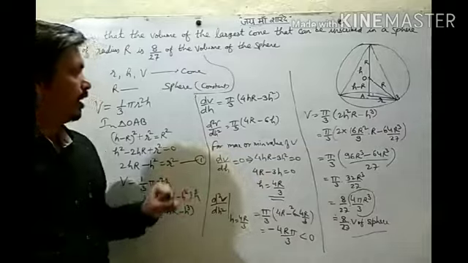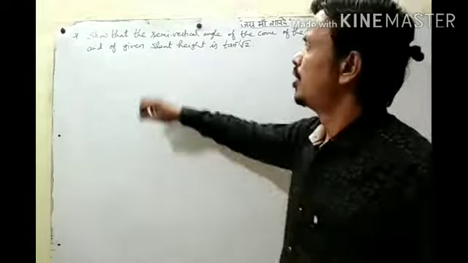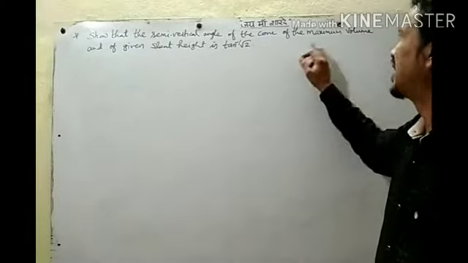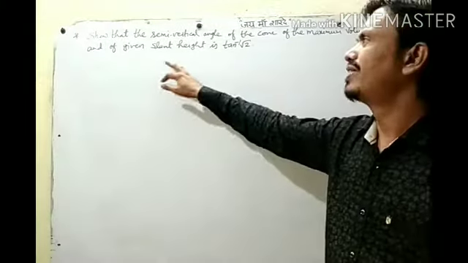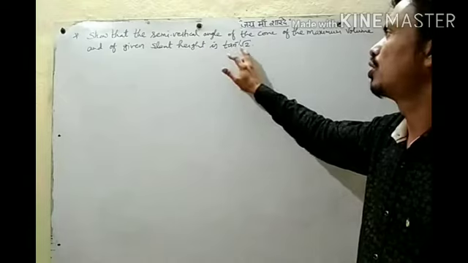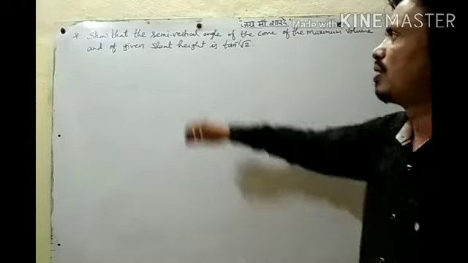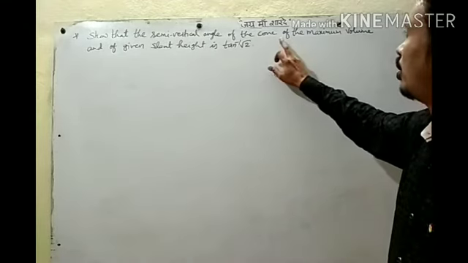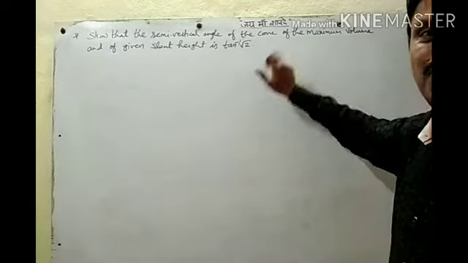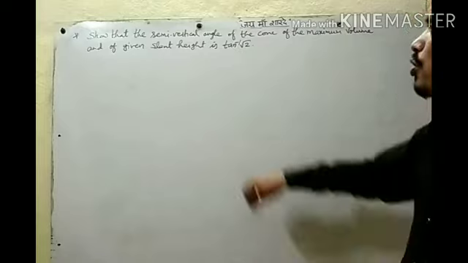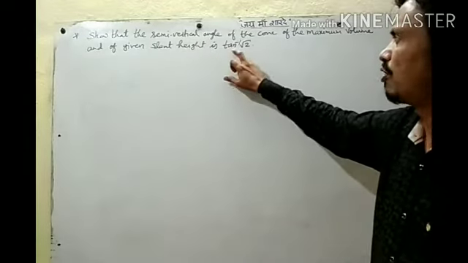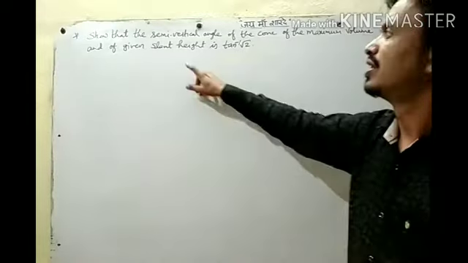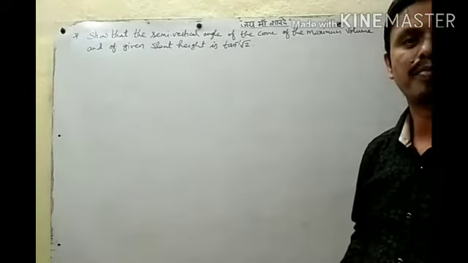Now the question is: show that the semi-vertical angle of the cone of maximum volume and of given slant height is tan inverse of root 2. We have to show the semi-vertical angle is tan inverse of root 2 when the volume of the cone is maximum, if the slant height of the cone is given.